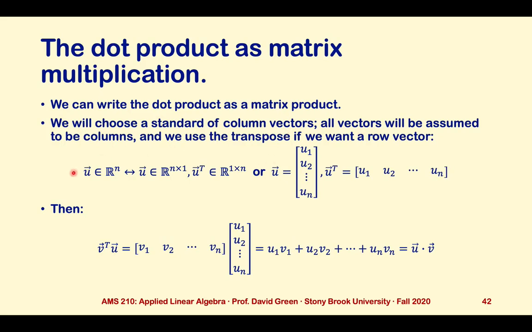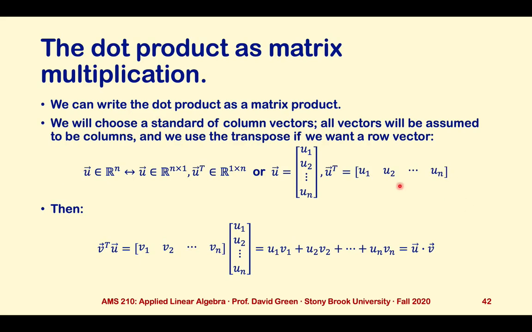That is, a vector of length n is interchangeable with a matrix that has n rows and one column. Right? The transpose of that vector is then a row vector if we need it. And if we want a row vector, we use the transpose because we always assume a vector is a column. So u is assumed to be a column vector. u transpose will then be a row vector.